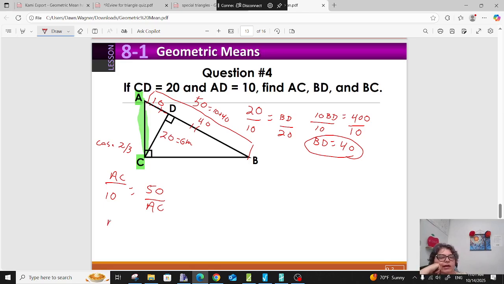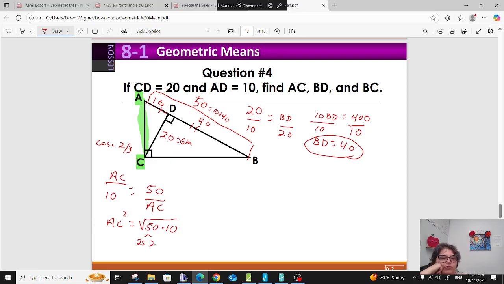So now we do AC squared is equal to 50 times 10. What perfect square goes into 50? That's not a perfect square. 25 times 2. 25 is a perfect square.